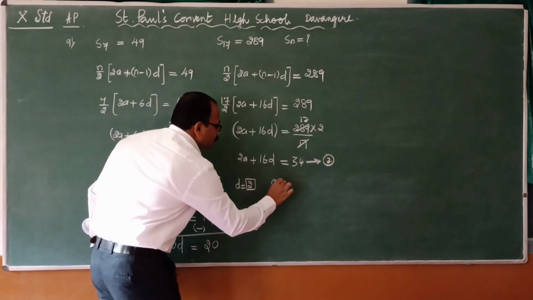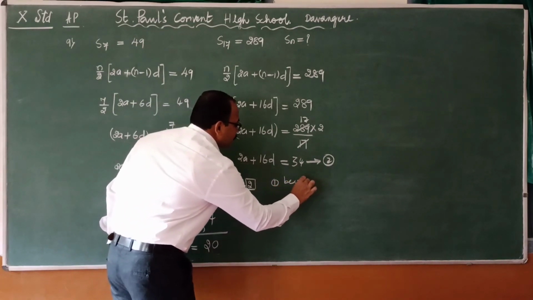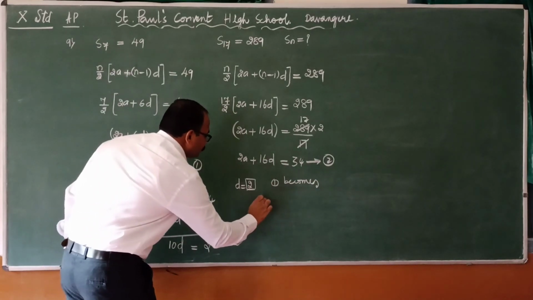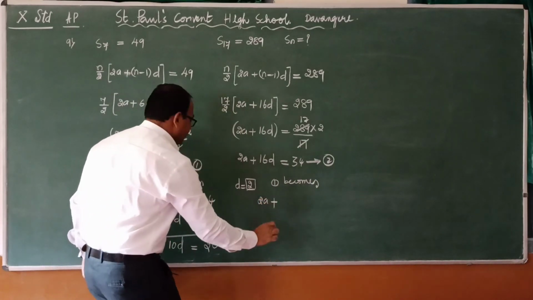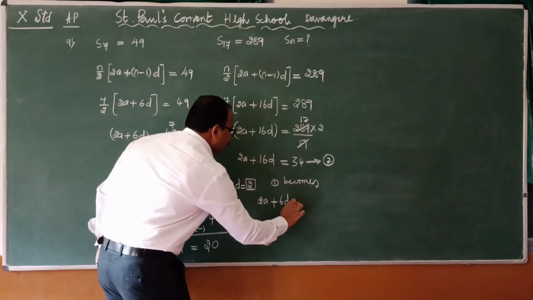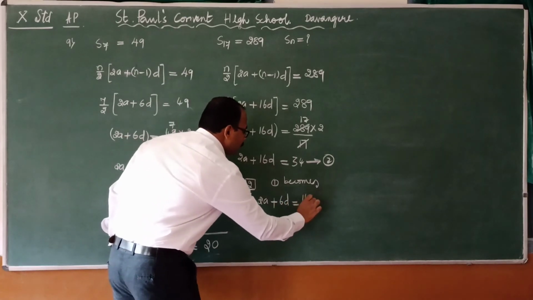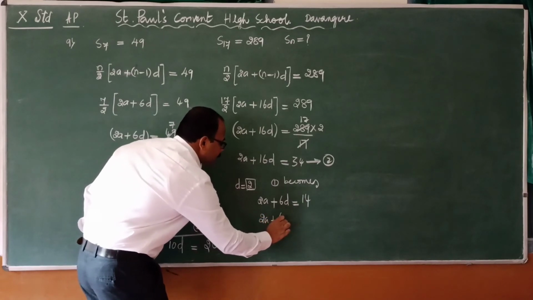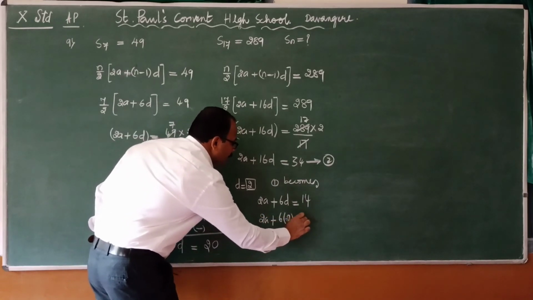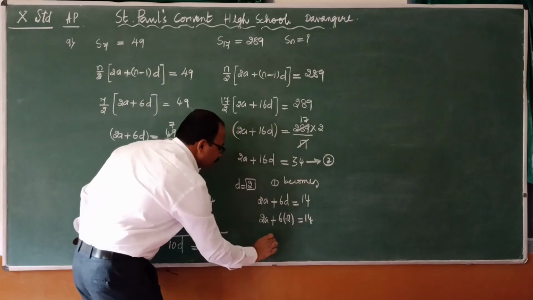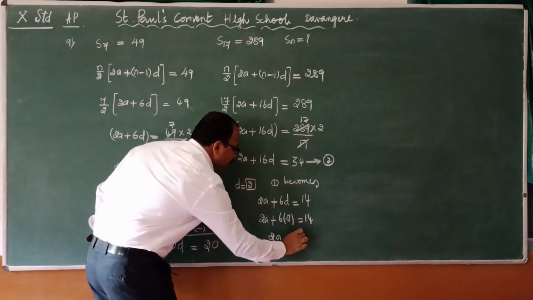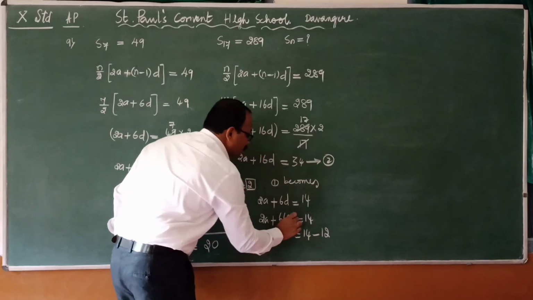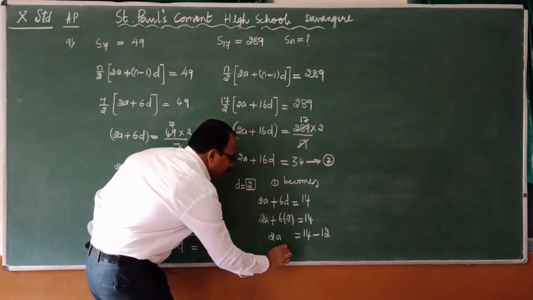Then equation 1 becomes 2a plus 6d will be equal to 14. 2a plus 6 into 2 will be equal to 14. 2a will be equal to 14 minus 12, 6 into 2 is 12, transposition.